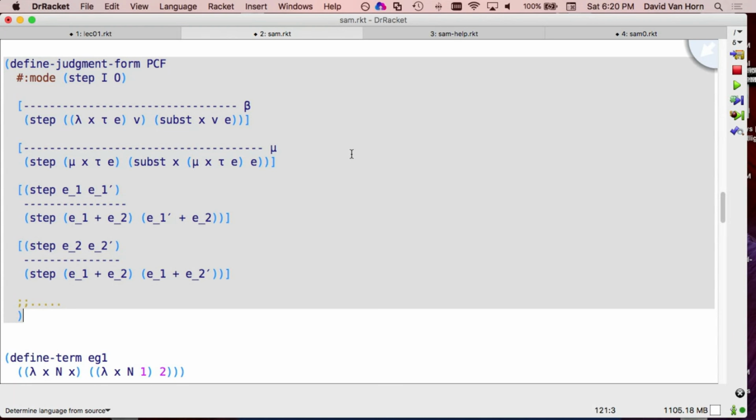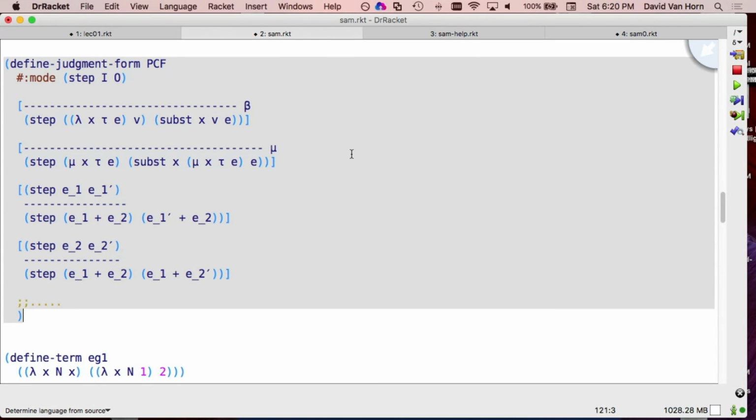And in fact, if I wanted to use my traces tool, I could define a reduction relation that just sort of deferred to this judgment here and say that the expression steps to another if the judgment holds that that expression steps to that thing. Okay, so you can formulate the semantics however you feel comfortable here, and then with a little bit of wrapping around it, you can still use the tools to run examples with it.